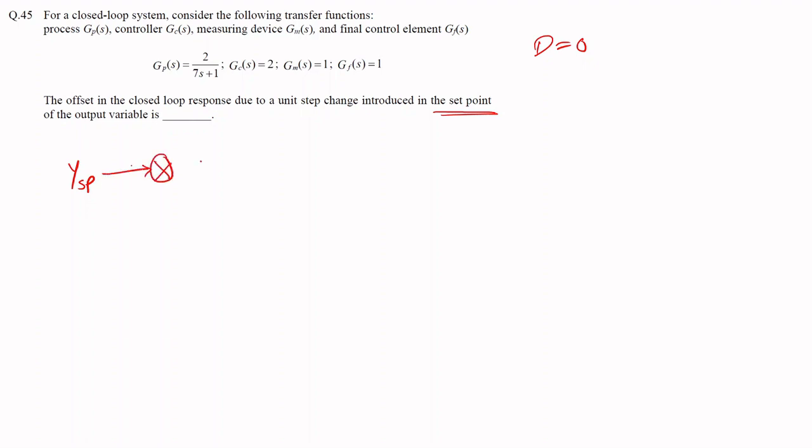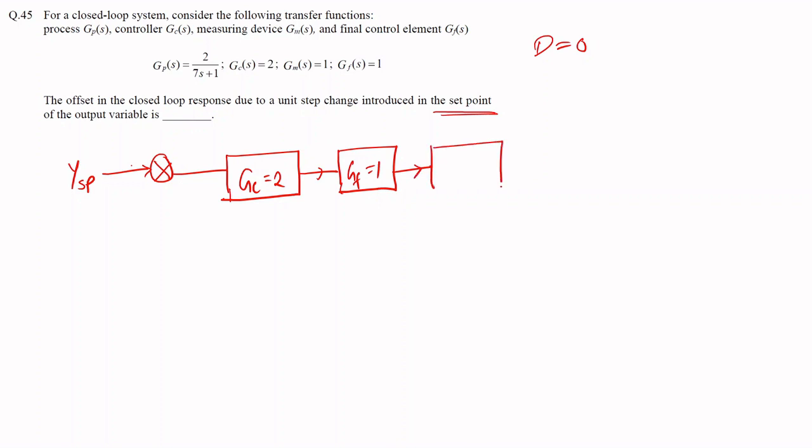First we will have the controller transfer function, GC, followed by the final control element, GF, equal to 1. And at last we will have the process transfer function, GP equal to 2/(7s+1).